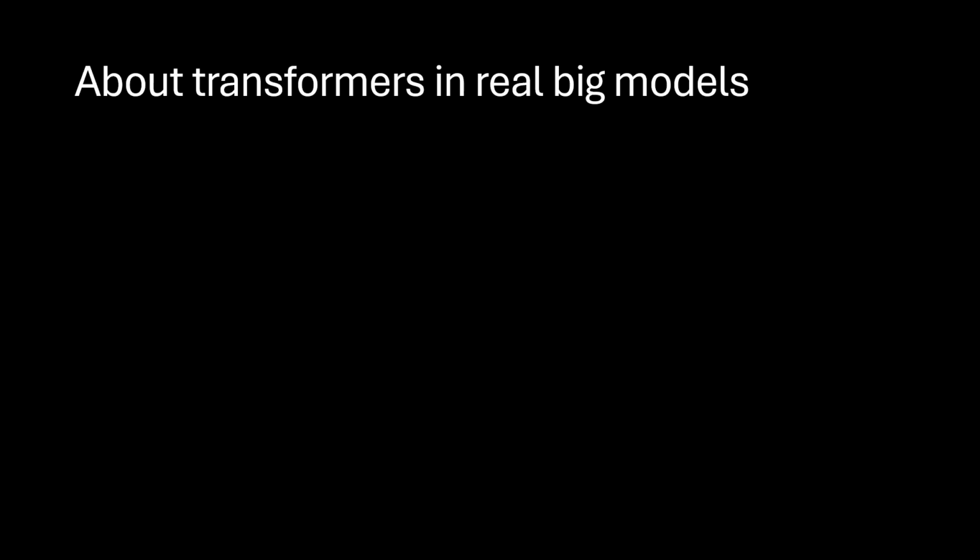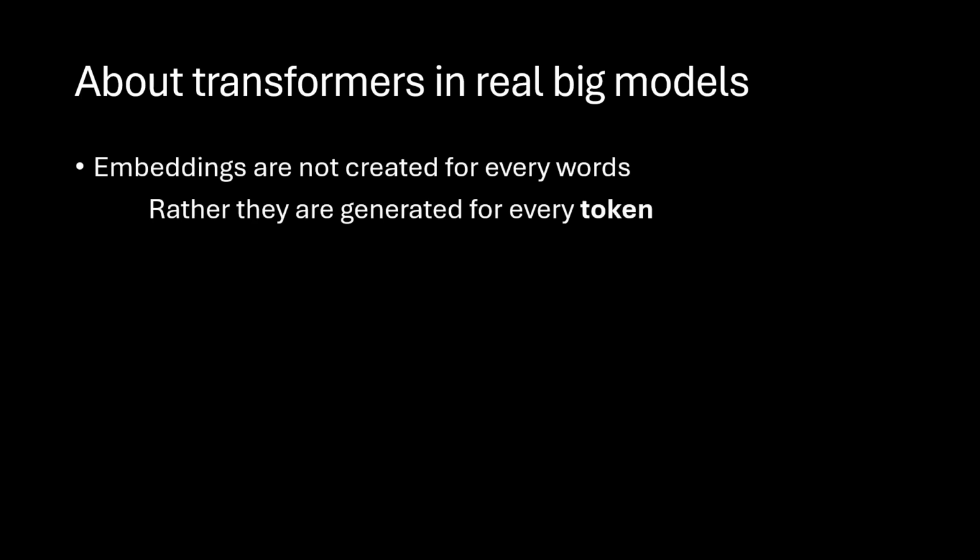Before finishing up the video, I'd like to point out some notes about transformer models in practice. The first thing to note is that embeddings are actually not created for every word. This is a misconception that people have at the beginning. Embeddings are created for every token.